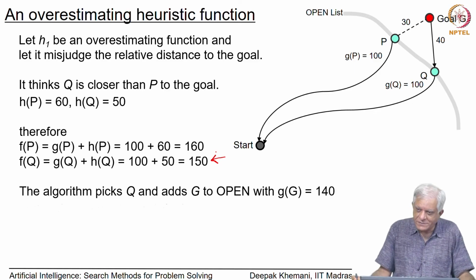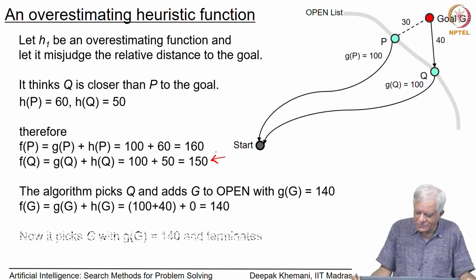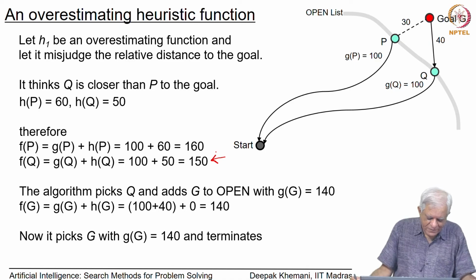The algorithm picks Q and adds G to open with a g value of 140. Remember that the g value is the actual value of the path it has found to the goal node. What is the path that we have found? We have found a path going from start through some nodes up to Q and then from Q to G. So, the f value of the goal node, which is what we are interested in as far as the A star algorithm is concerned, is again the sum of g and h values.